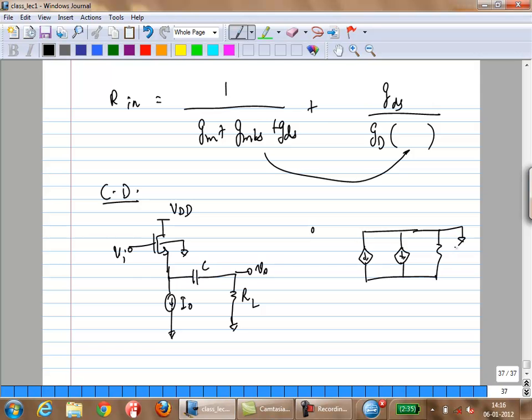So if you draw the signal picture, the capacitance is a short. You have RL here. This is V out.